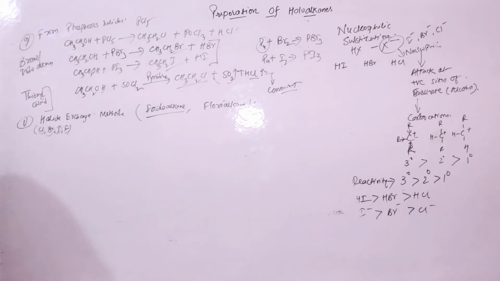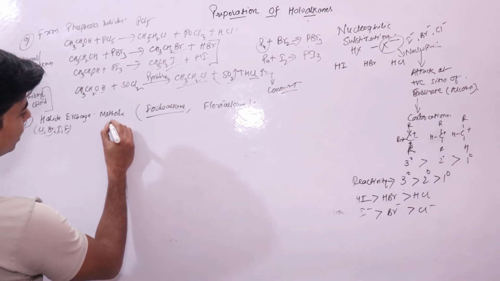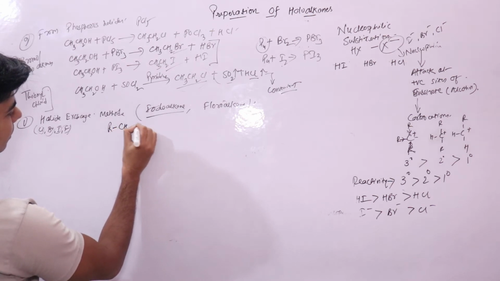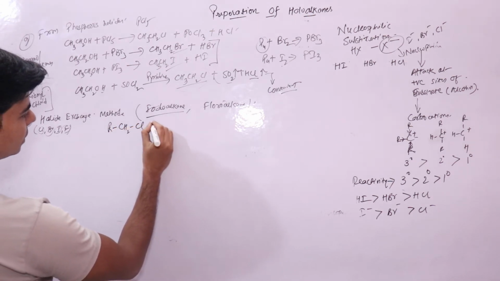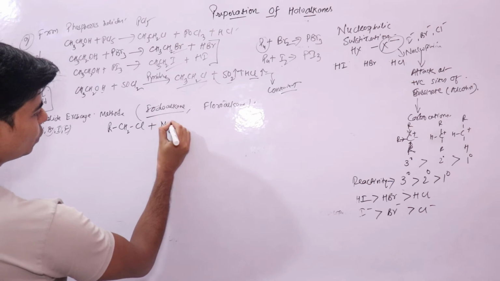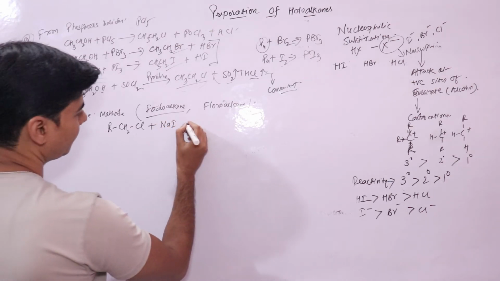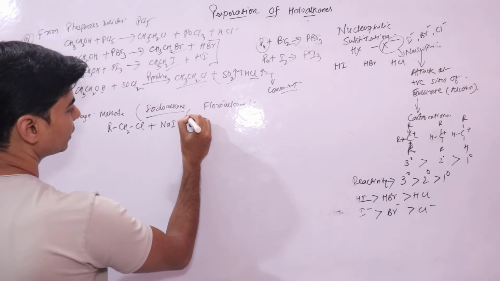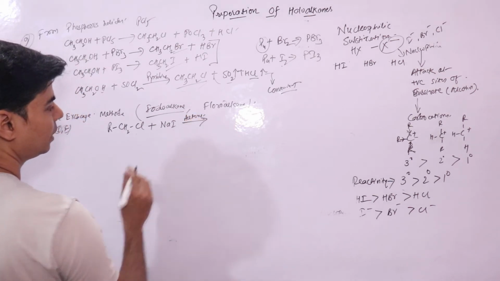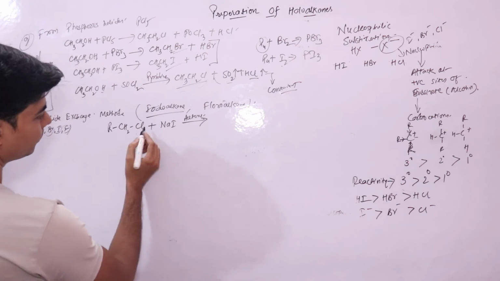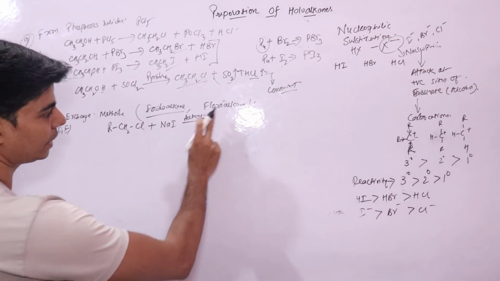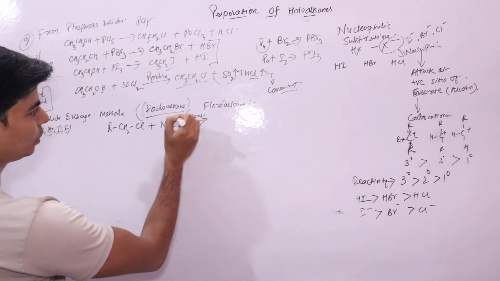In the halide exchange method, what we will do is we will take, say, a chloroalkane and treat it with sodium iodide. Sodium iodide has iodine, it has sodium. In the presence of acetone, halide exchange will occur. We need to prepare the iodoalkane.